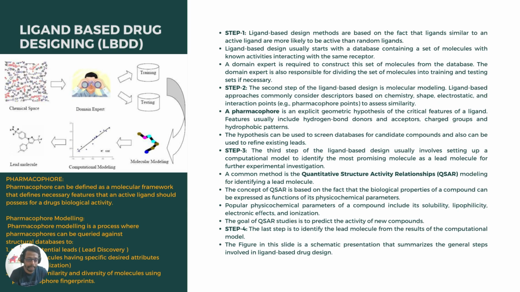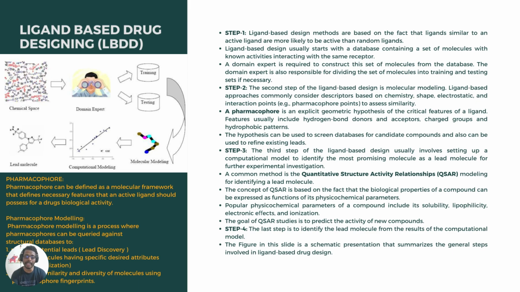Okay. In the third step, ligand based design usually involves setting up the computational model to identify the most promising molecule as a lead molecule for further experimental investigation. When a list of receptors and a list of ligands come into the picture, further filtration happens, and the most promising molecules are chosen as lead molecules, which enter into further experimental investigation.